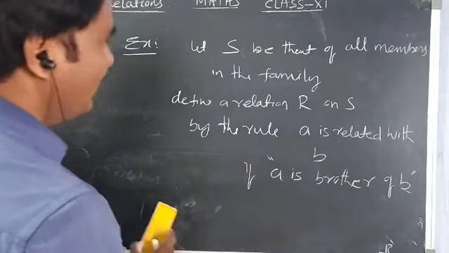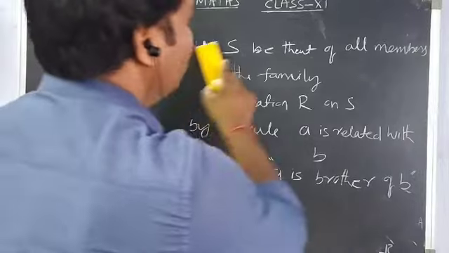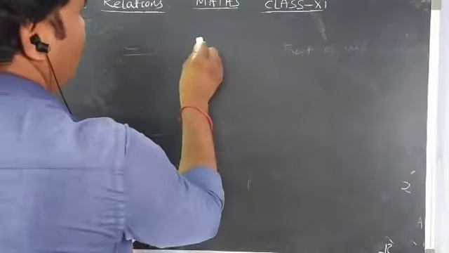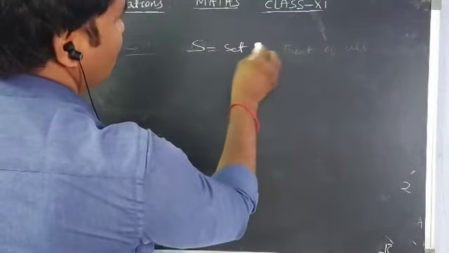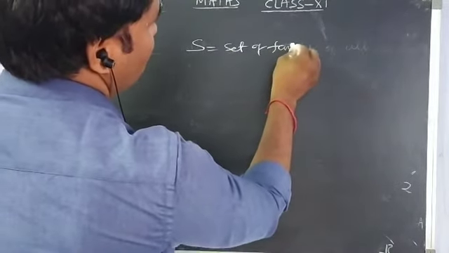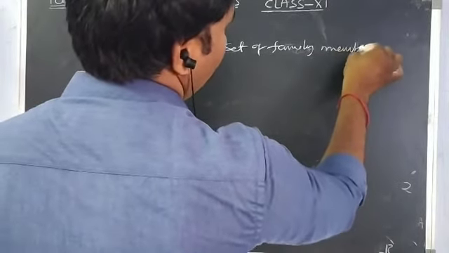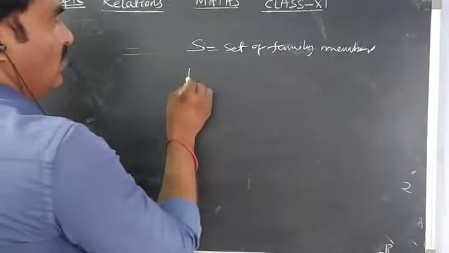Now I am writing this example in mathematical notation. S is the set of family members. What is R?